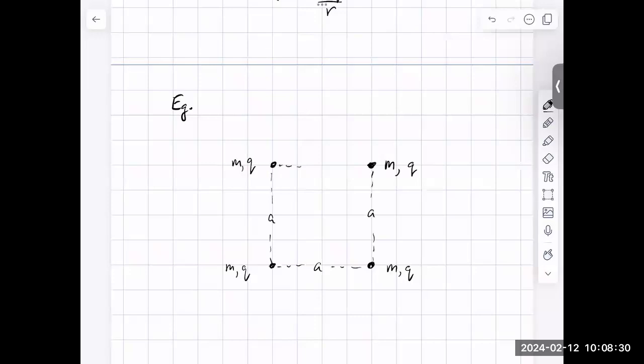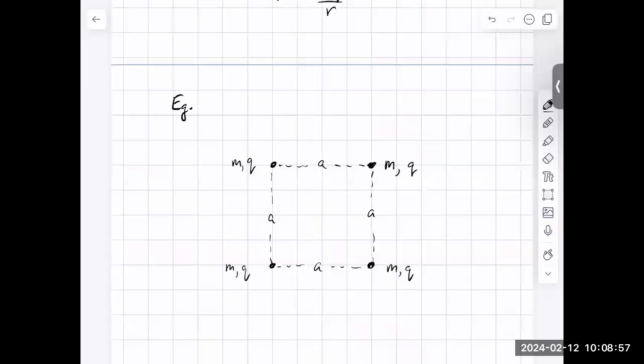Except if you were to go along a diagonal, then the distance between charges on a diagonal would be different. So the plan is we're going to assemble this arrangement of charges. Initially they're held in place at the corners of the square, and they're all at rest. Then at some time, say t equals 0, we're going to release them. Because they're all identical, maybe they're all positive or they're all negative, it doesn't matter.